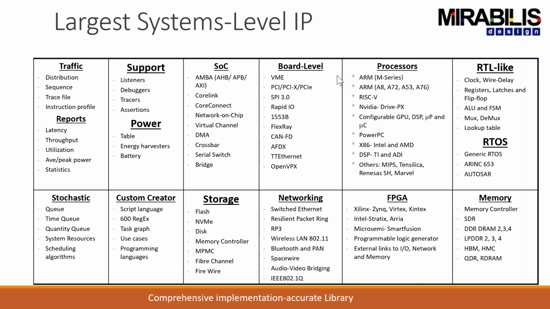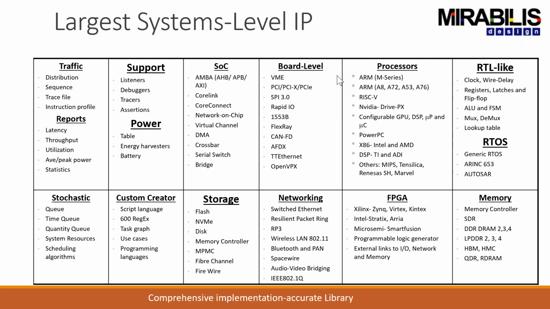Before I get started on more detailed explanation, why is VisualSim preferred in the market? The reason it's preferred is because of the extensive libraries that we provide. If you look from left to right, it starts off with the more stochastic transaction level modeling.